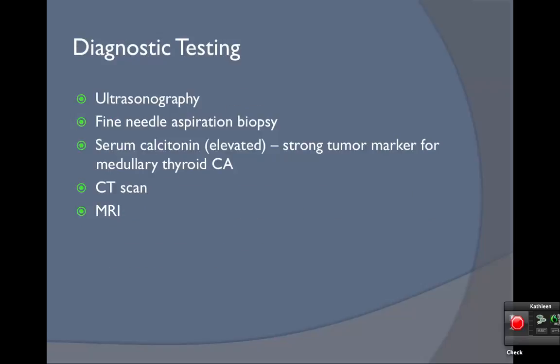Diagnostic testing. Certain characteristics of the thyroid nodule indicate that they could be cancerous.